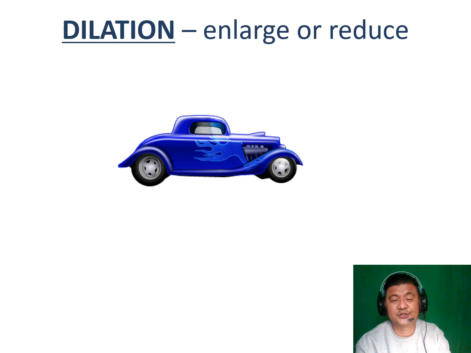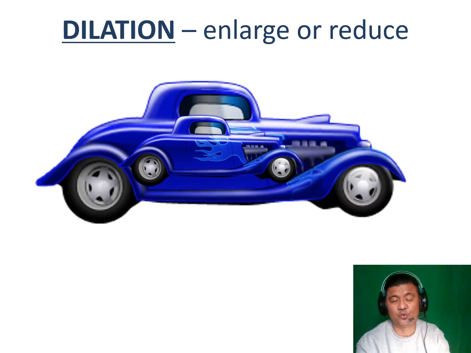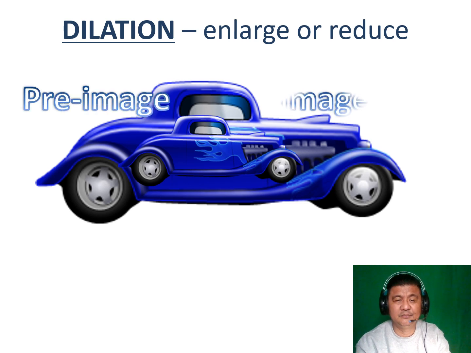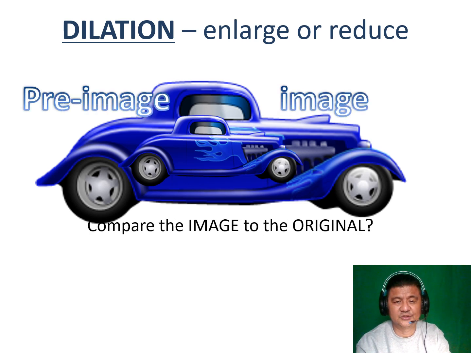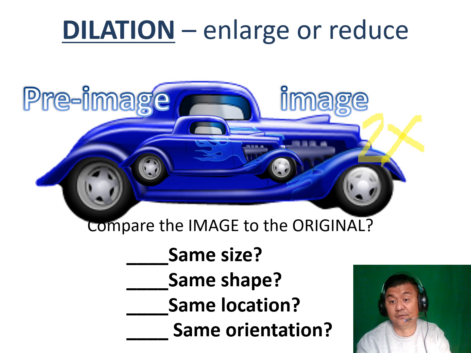How about dilation? Dilation gets bigger or smaller. Let's enlarge this, maybe twice the size. Pre-image and the image. So this is 2 times the size. The size obviously changed, right? The shape, look at the outline. It's also the same. Check. How about the location?